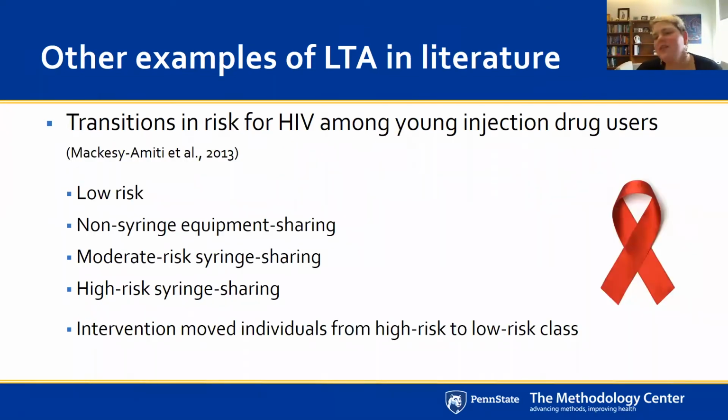For those of you who are interested in risky sex, or maybe even more specifically HIV, LTA has also been applied in those areas. This is an interesting example looking at transition in HIV risk behaviors, particularly among injection drug users. And so it's really focused on their needle sharing behaviors.